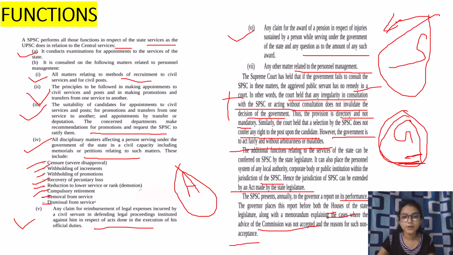So at the end, the SPSC provides a memorandum to the governor with all the pending cases or advices that the government failed to act upon or ignored. They are placed in the house, and the house will look into whether this should be addressed or not.